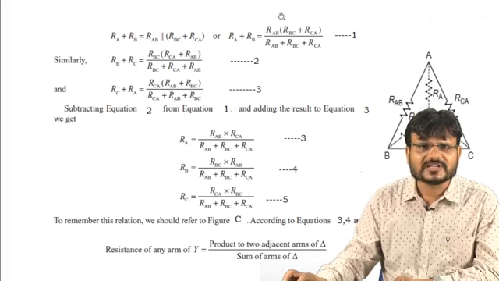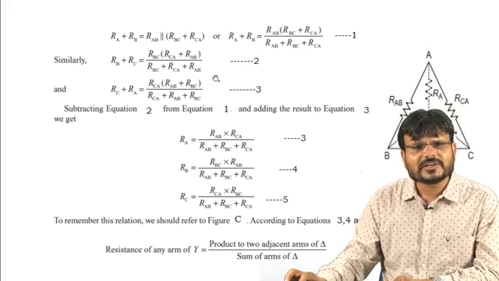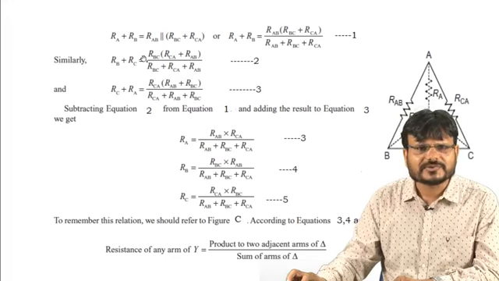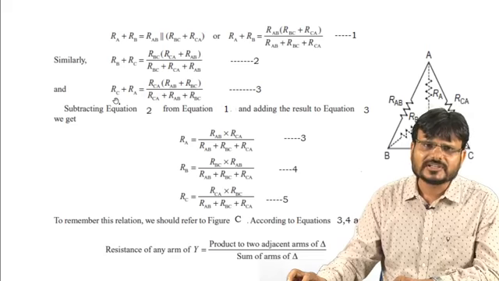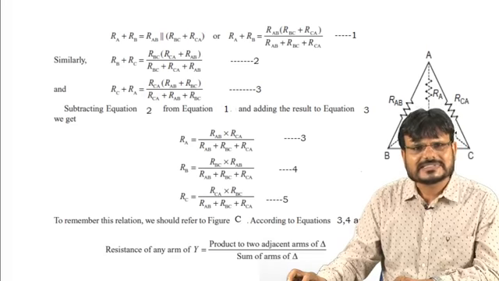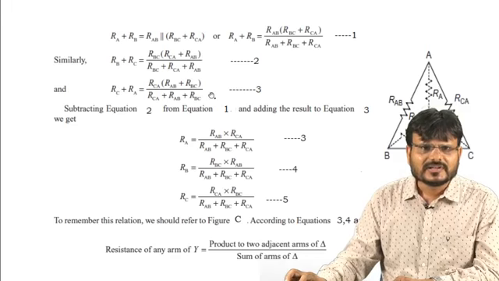You can easily calculate this by simplification. RA plus RB can be denoted by this equation. Similarly, you can calculate between B and C that RB plus RC can be written by this equation. Similarly, you can calculate the equivalent resistance between terminals C and A, RCA, which is denoted as equation 3: RC plus RA equals RCA multiplied by RAB plus RBC, divided by RCA plus RAB plus RBC.